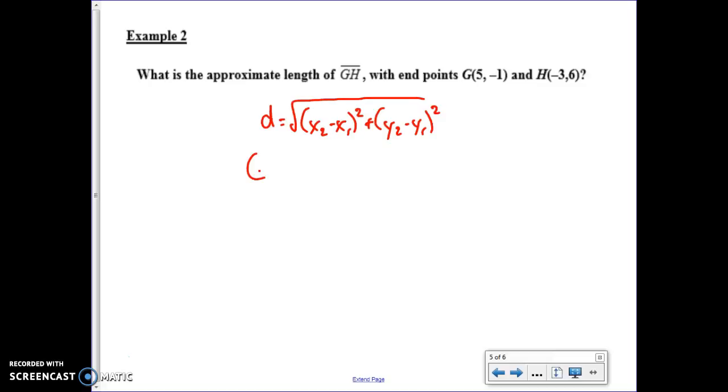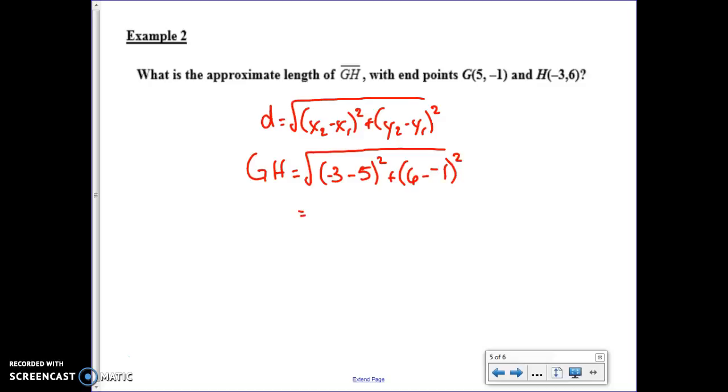So then I want to know the length of GH, no bar on top. Big square root. x2 is -3 minus x1 is 5. Put the square root up there, plus sign. y2 is 6 minus -1 is our y1 value. And then put the square root up there.